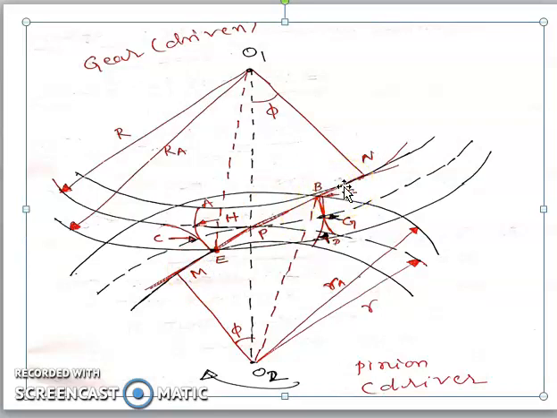MN is the common tangent to the base circle. It is equal to the common normal at the point of contact of the two gears.